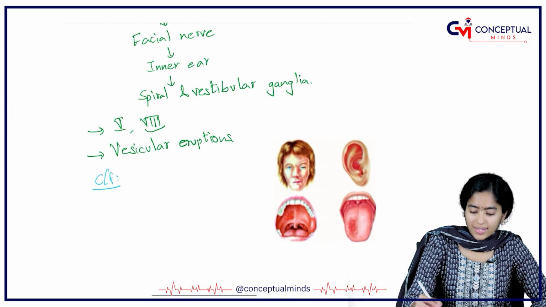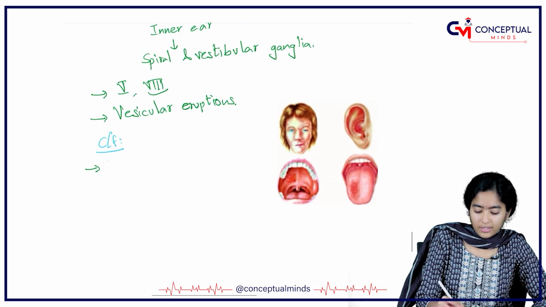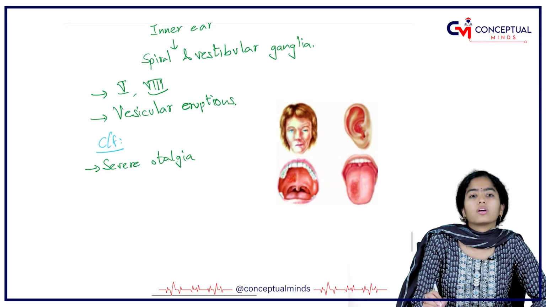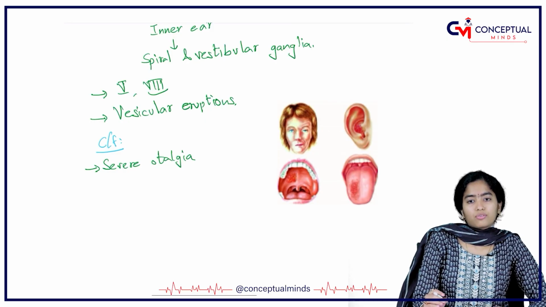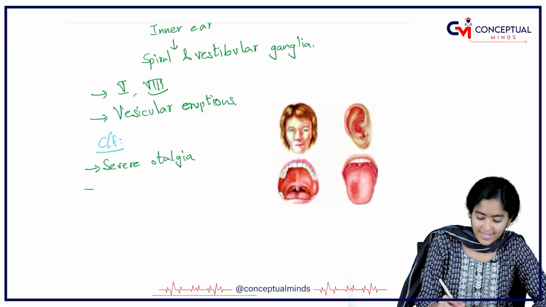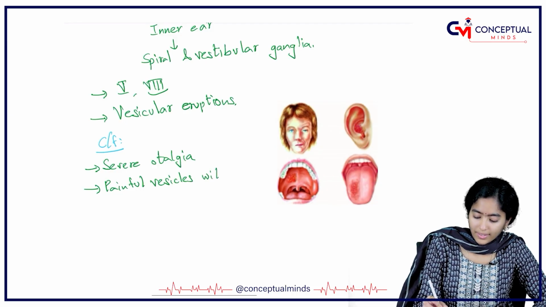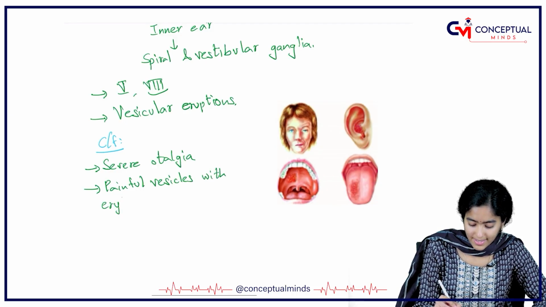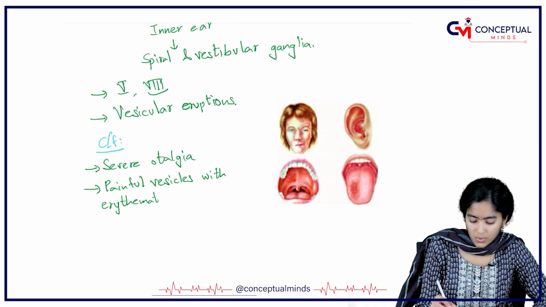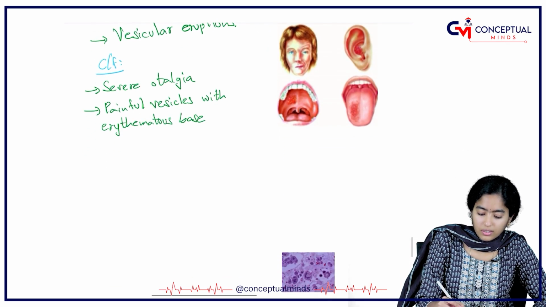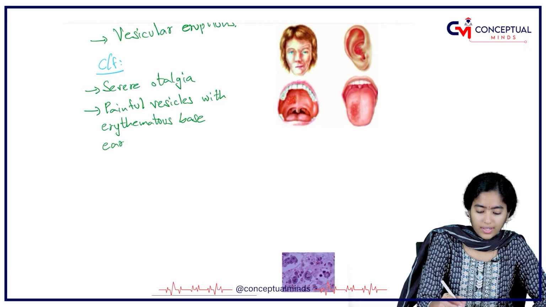The patient initially presents with severe ear pain, severe otalgia, and then this is followed by painful vesicles with erythematous base. These vesicles have a red colored base. Where are they present? They are present in the ear canal, external auditory canal.